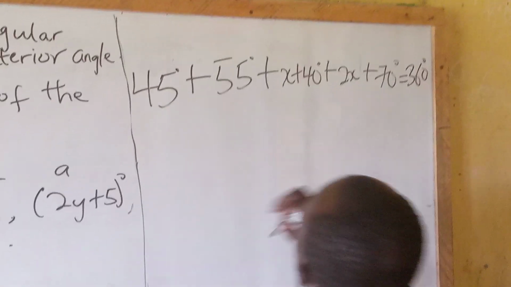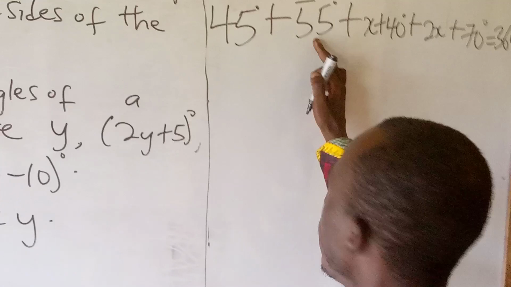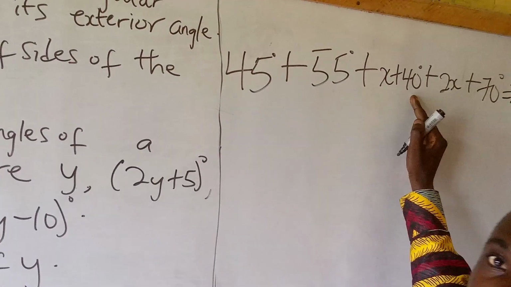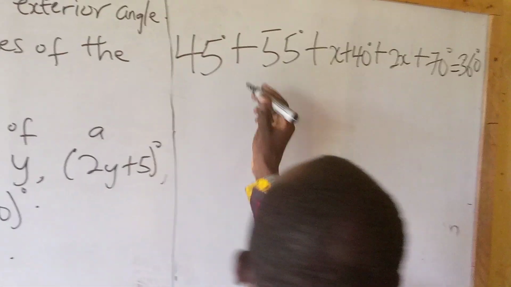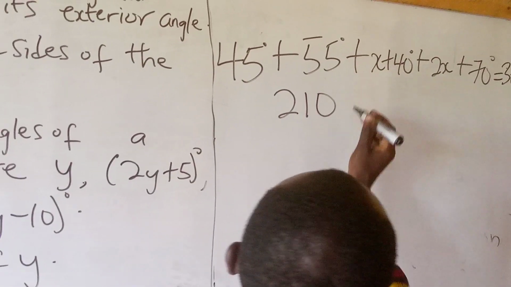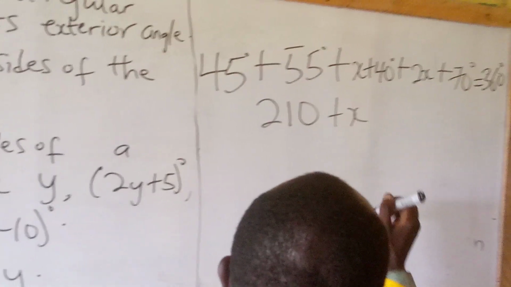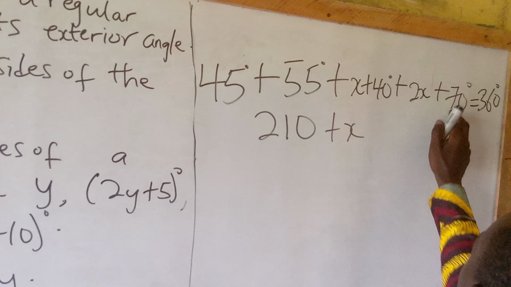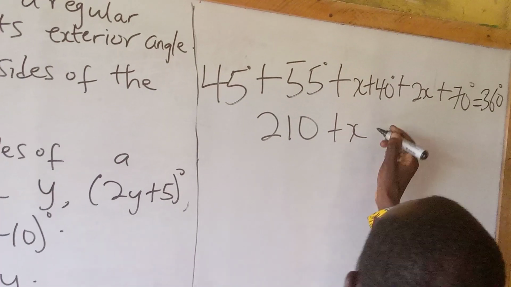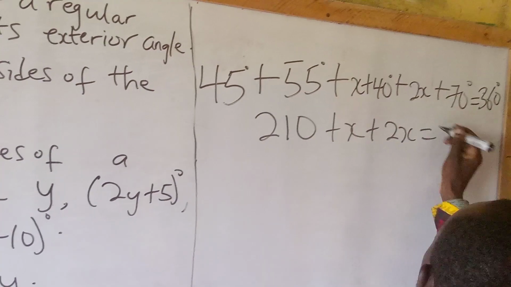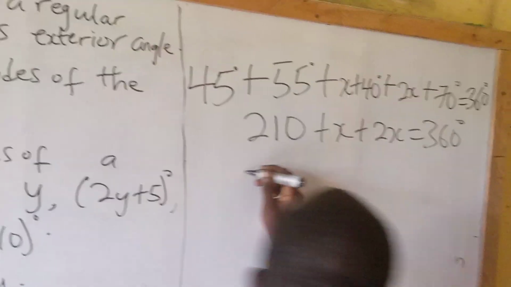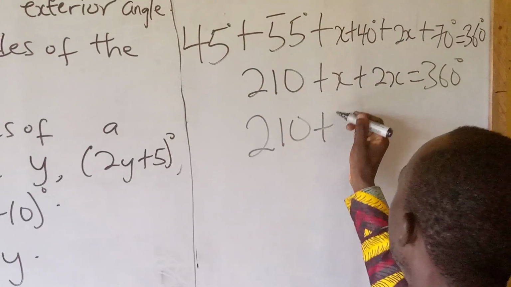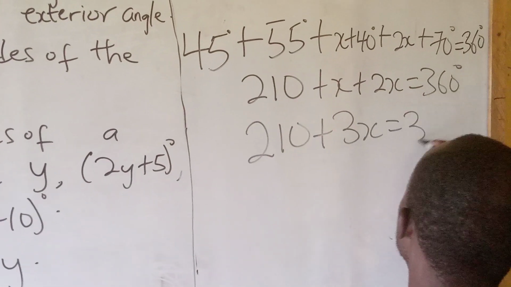360. So 45 plus 55, we are getting what? 100. 100 plus 40, 140. And plus 70, 210. Plus x plus 2x equal to 360. So we add our x plus 2x, we are getting what? 3x equal to 360.